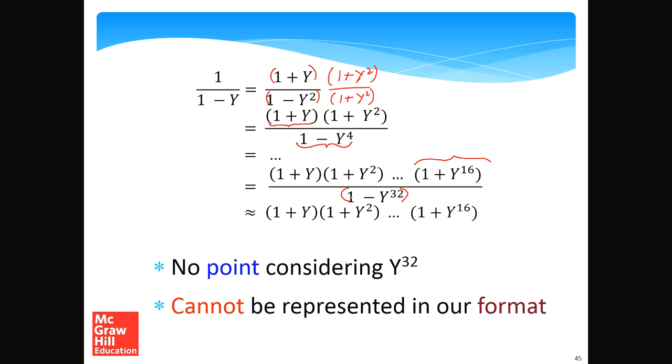So here is an interesting observation that we can make. Given that we are working with a 32-bit system where the mantissa has only 23 bits, let's see what we know about y.